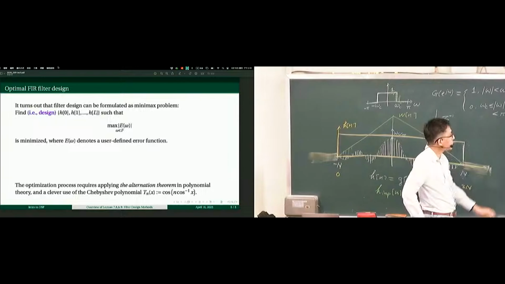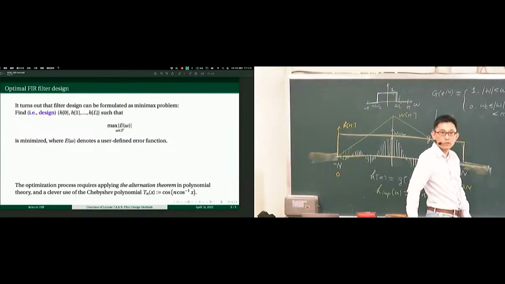In this method, we start from a more abstract formulation. The entire formulation is now made more abstract. But let me try to explain it to you for the first time. We can specify filter design as a minimax problem, minimizing the maximum of something.